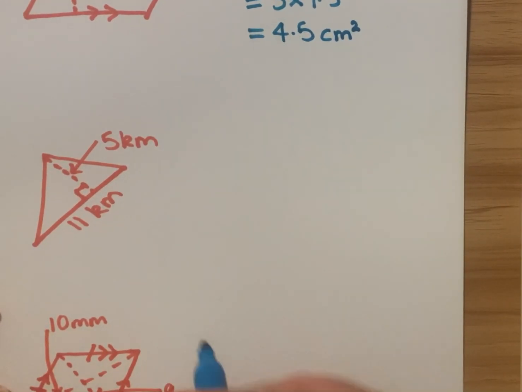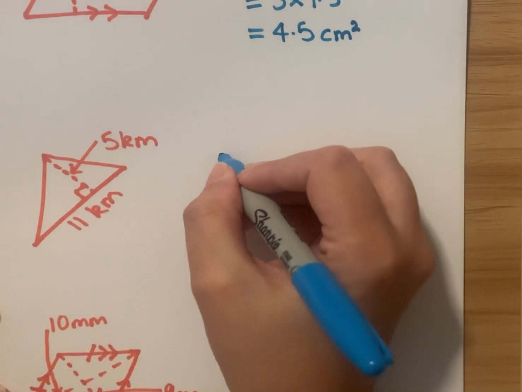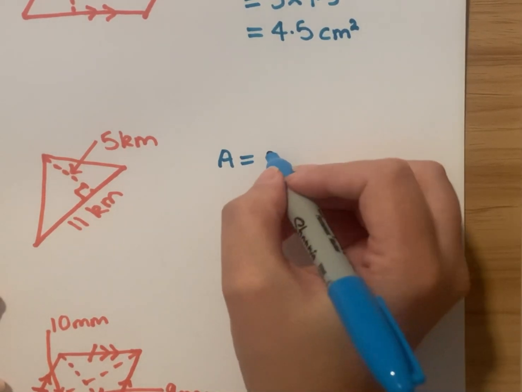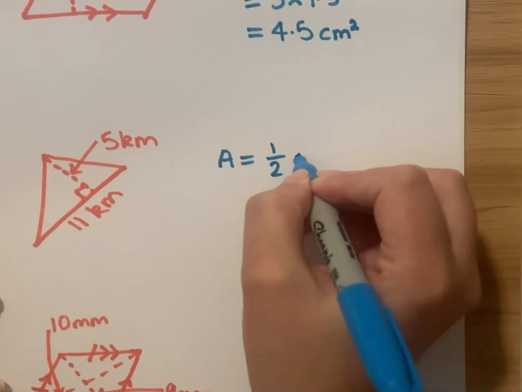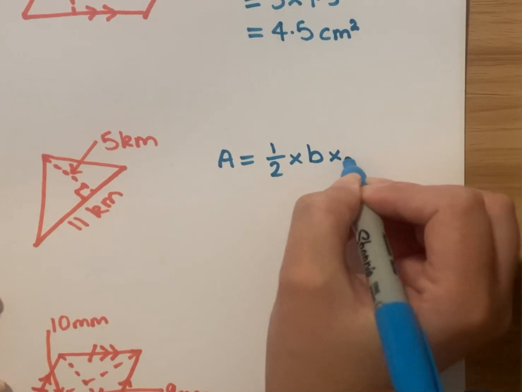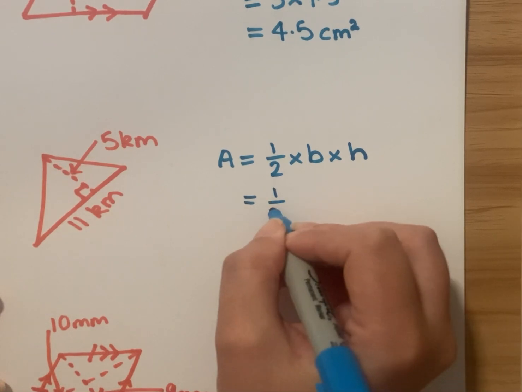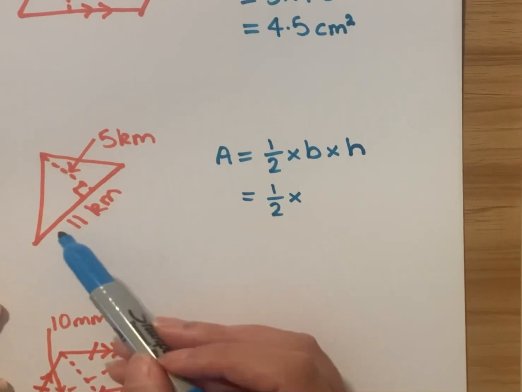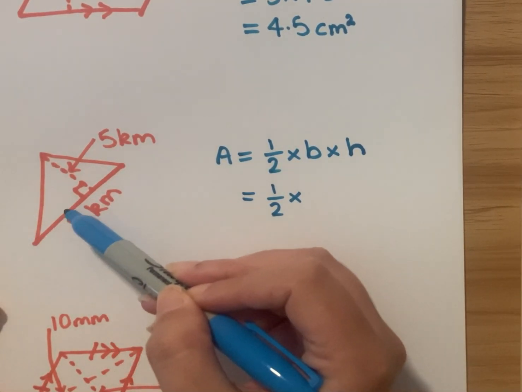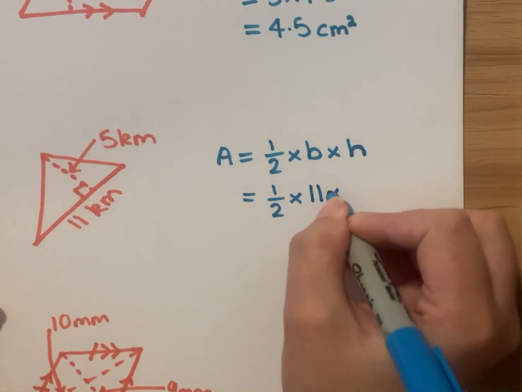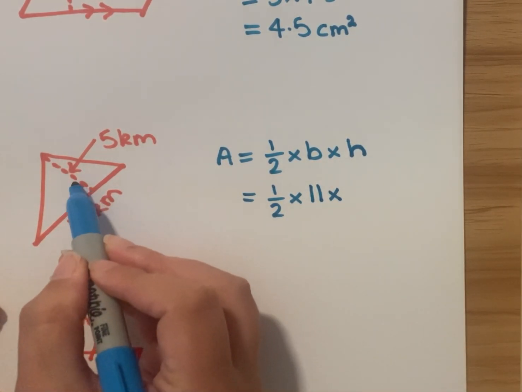Let's do another shape. So this shape here, we can identify it as a triangle. We know that the area of a triangle is given by a half times the base times the perpendicular height. So it's going to be a half times our base in this triangle, which is this 11 kilometer side here. And our height is this perpendicular height.